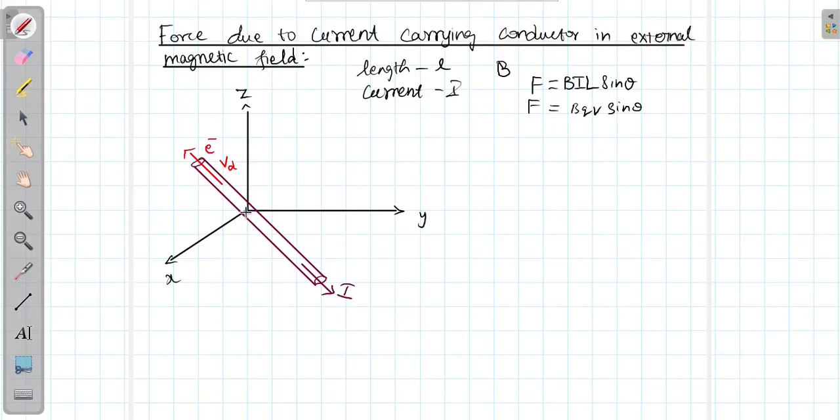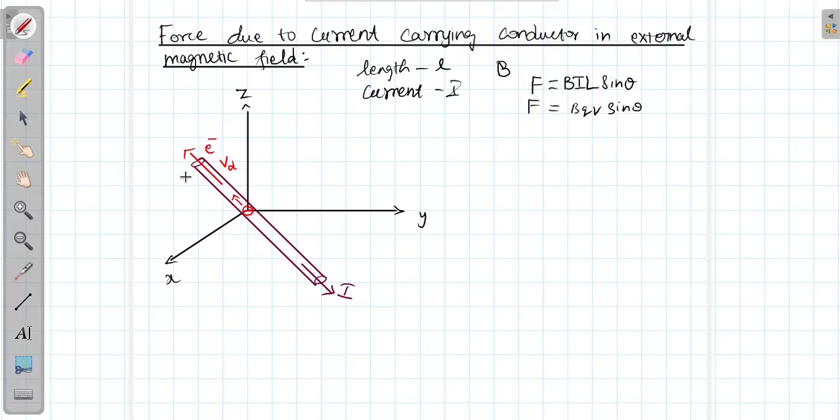Now suppose you just imagine a charge is placed at this point. It is experiencing the velocity in the opposite direction of current. So this upward arrow is velocity, and this downward arrow is the direction of current. And one thing, in the y-axis we have magnetic field.